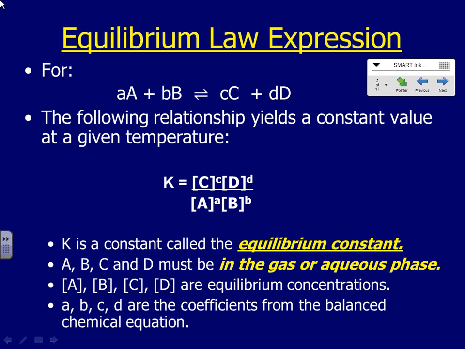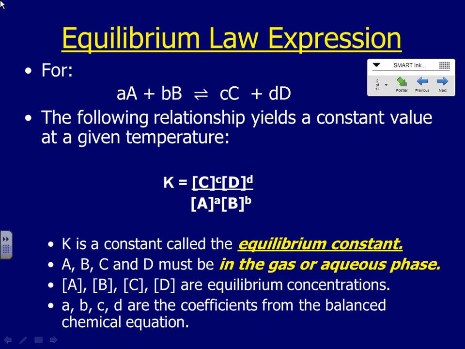And this mathematical expression reads, the concentration of C to the exponent lowercase c, which comes from the coefficient of the chemical reaction, times the concentration of D to the exponent d, over the concentration of A to the exponent a times the concentration of B to the exponent b.